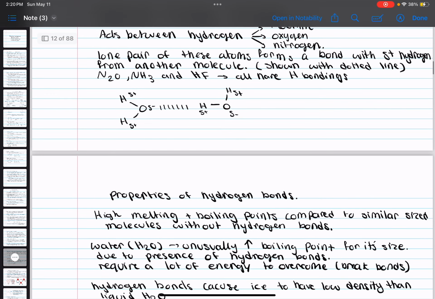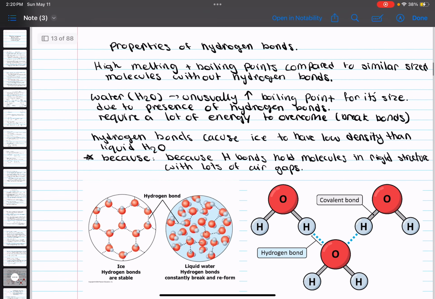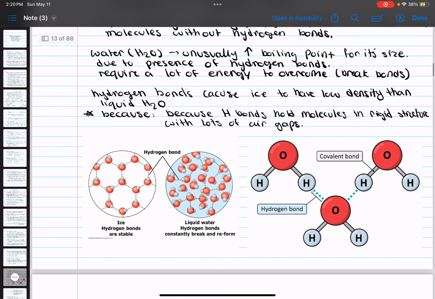So they all have hydrogen bonding. The properties of hydrogen bonding are high melting points and high boiling points compared to similarly sized molecules without hydrogen bonds. Water has an unusually high boiling and melting point because its size is similar to many others, but it has a really high boiling point due to the presence of hydrogen bonds, and it requires a lot of energy to overcome and break them.